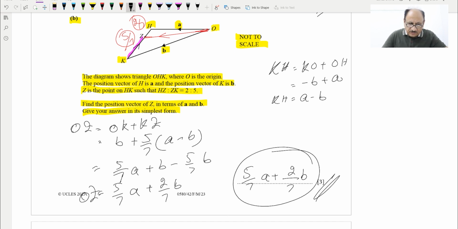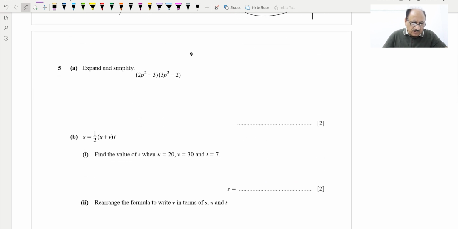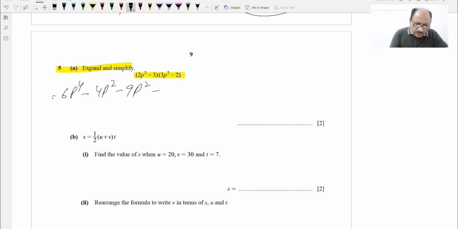Hopefully you understand this. Now we can move to question number 5, which is to expand and simplify, and these two are provided. We can open the square. I will multiply here so that you can understand properly. 2p squared multiplied by 3p squared will be 6p to the 4, and minus 2 into 2p squared will be minus 4p squared, and minus 3 into 3p squared will be minus 9p squared, and minus 3 into minus 2 will be plus 6.